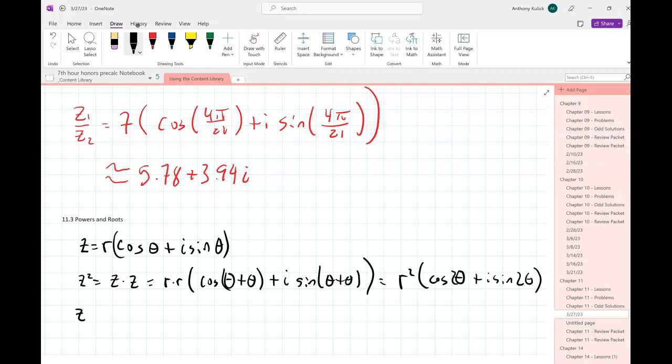And then what if I try z cubed? Well, that's just going to be z squared times z, right? So if I do the same thing, I multiply the r's. r squared times r to the first is r cubed. And I'll add the thetas. 2 theta plus 1 theta is 3 theta.